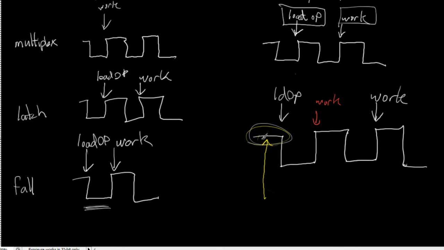Okay, so here is the region where we're loading the opcode into there. So here, this has to be fixed. But after that point, we don't want it to be fixed. We want to be able to select this because now we're going to be accessing the memory in the first clock cycle.